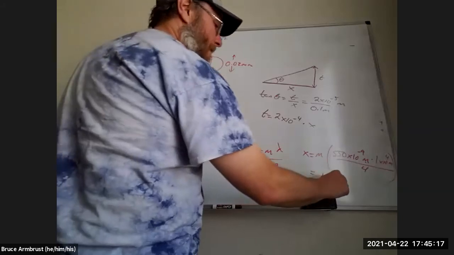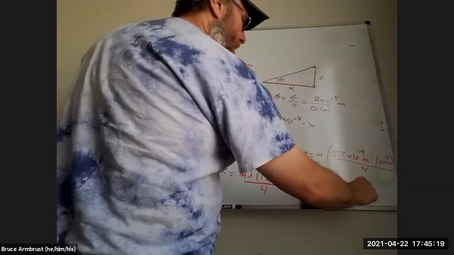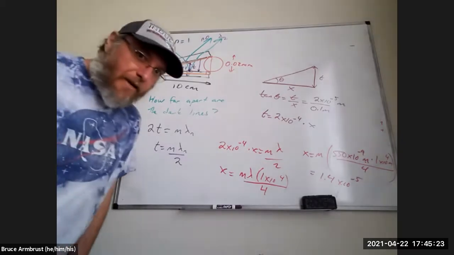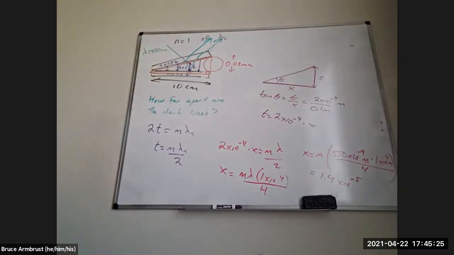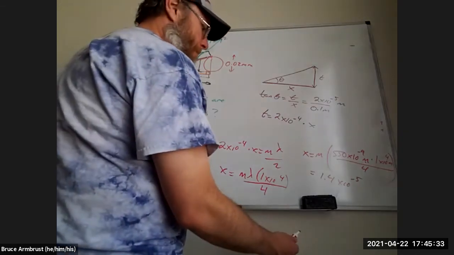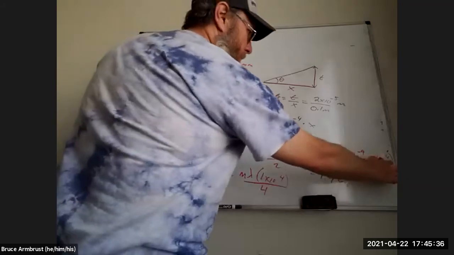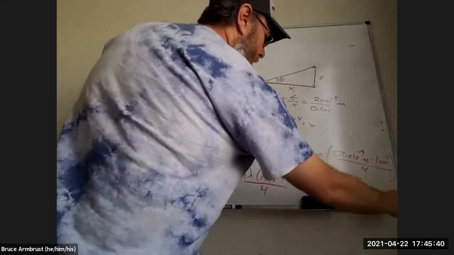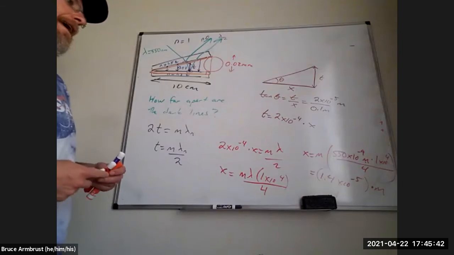My brain's not working. I think it's around 1.4 times 10 to the minus 5. Check my numbers on that. And then again, that's times m.